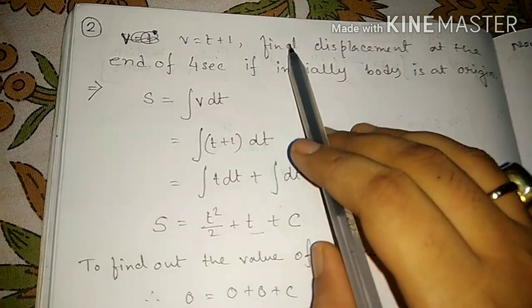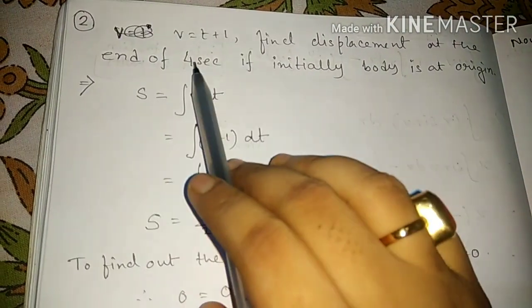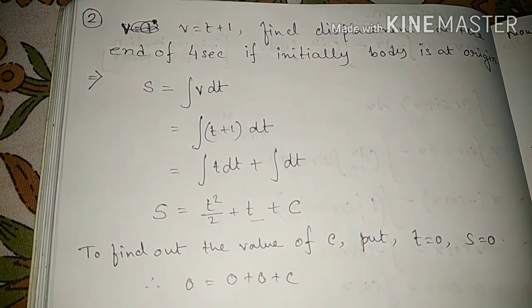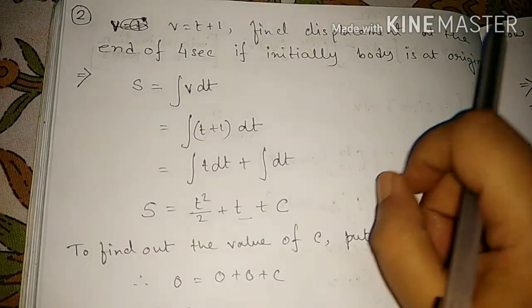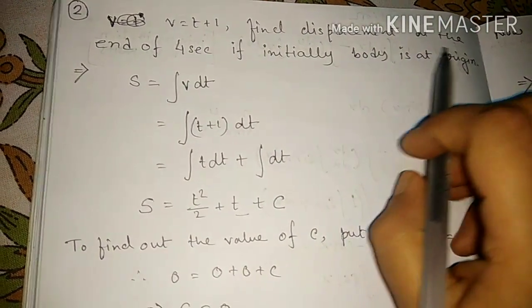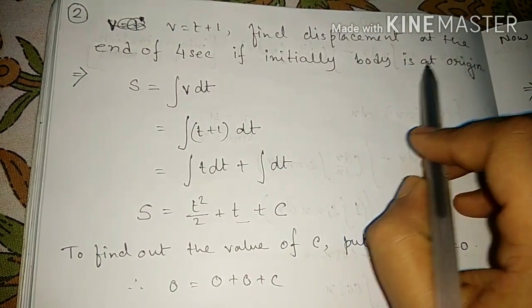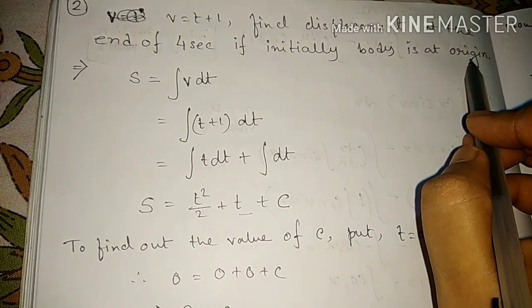See the language: find the displacement at the end of 4 seconds. At the end of 4 seconds, what will be its displacement? We find only that. And one more piece of information is given: initially the body is at rest or at the origin. Origin means 0, 0.